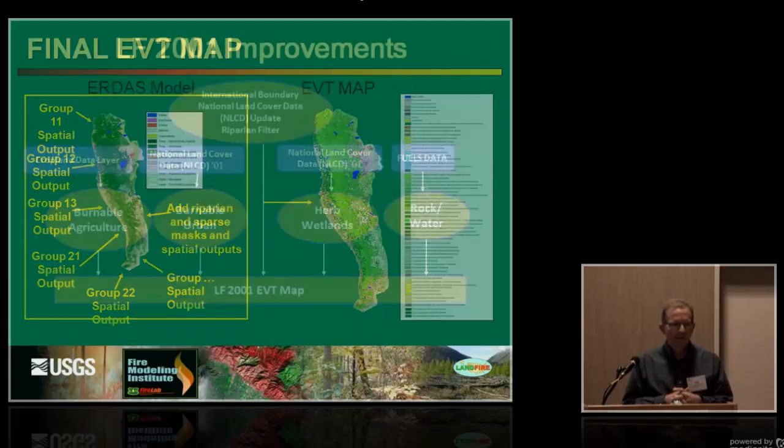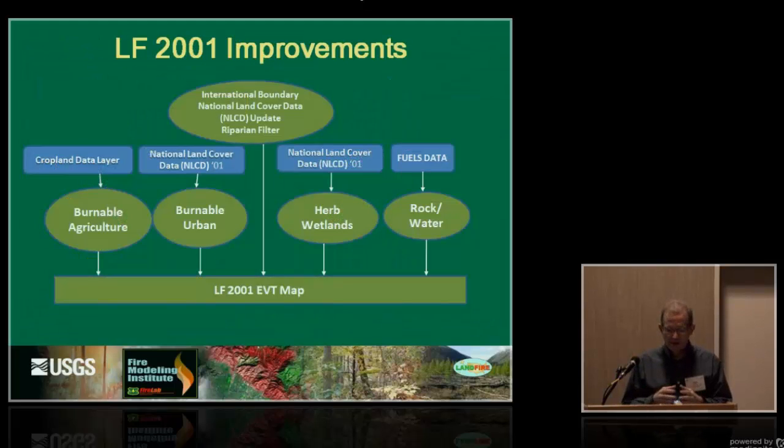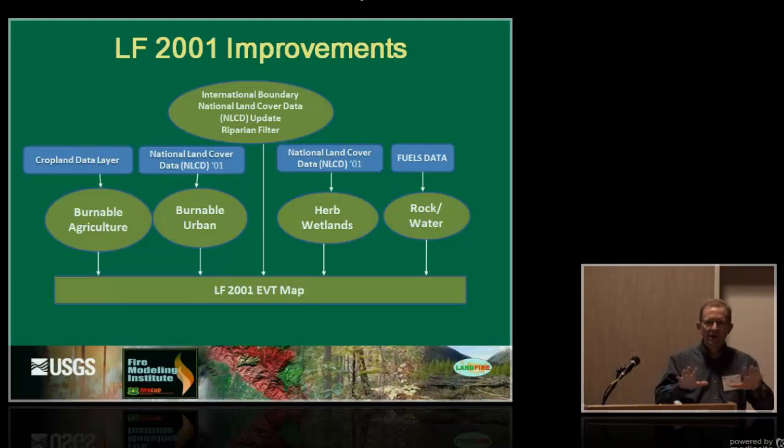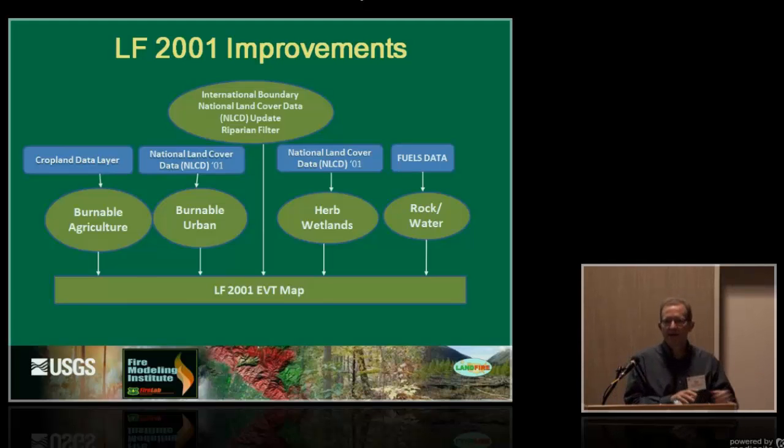Some of the improvements we applied in 01, as I said earlier: the cropland data layer enabled us to get at burnable agriculture. We tried to bring the NLCD more or less literally onto our map. We had a hodgepodge from the national effort. Parts of NLCD 01 weren't done, so we tried to line the two up a little bit more, and then we remapped some of those urban classes into burnable classes.